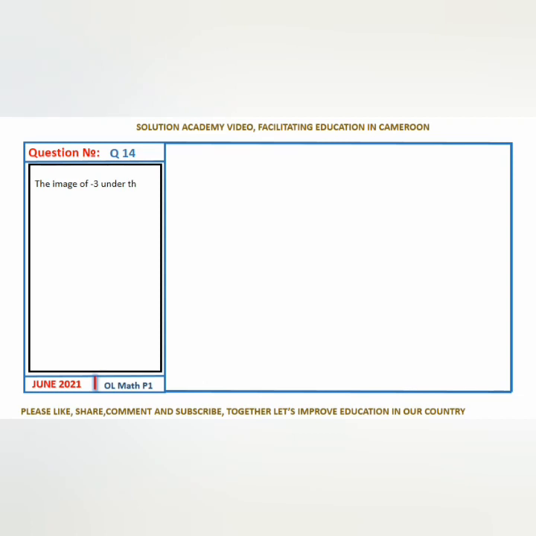The image of -3 under the function f such that x maps onto 7 minus x is. This question is under relations and functions. The image of -3 simply means we should substitute -3 anywhere we find x in the function f of x, and the value we get gives us the image or the output.